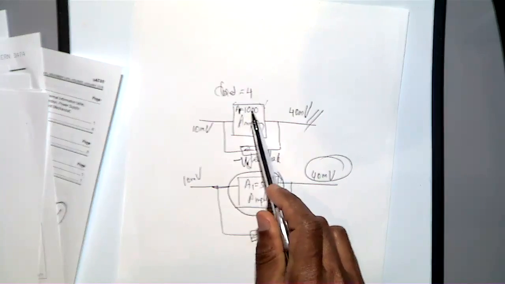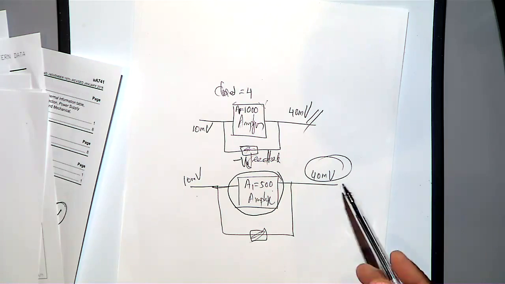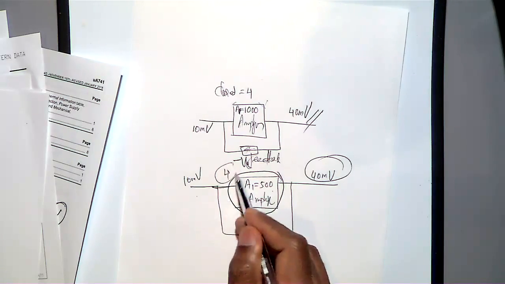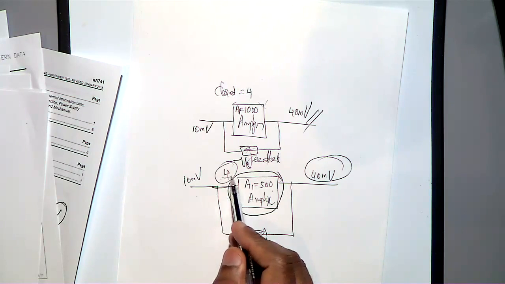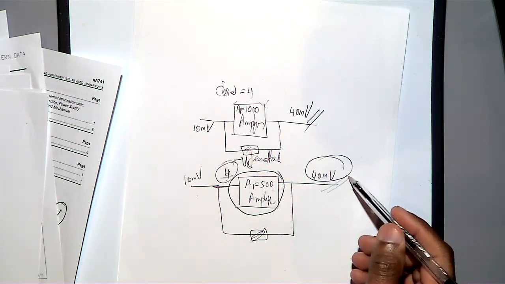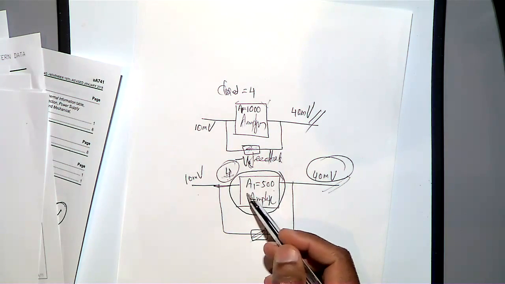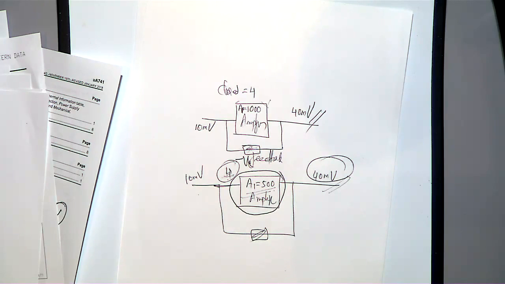Earlier it was 1000, now it is 500. The resistors are arranged for 4. Then my question is, will I get 40 millivolt here when you use an operational amplifier with a lower open loop gain? You know my question. How many of you think that we don't get 40 millivolt?